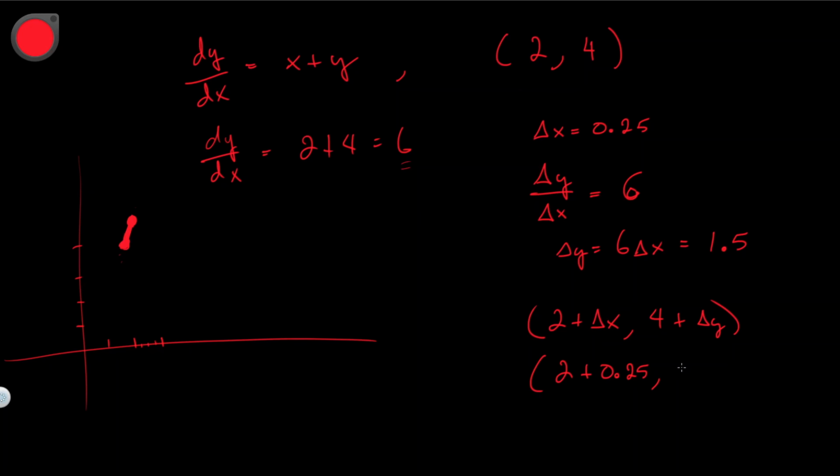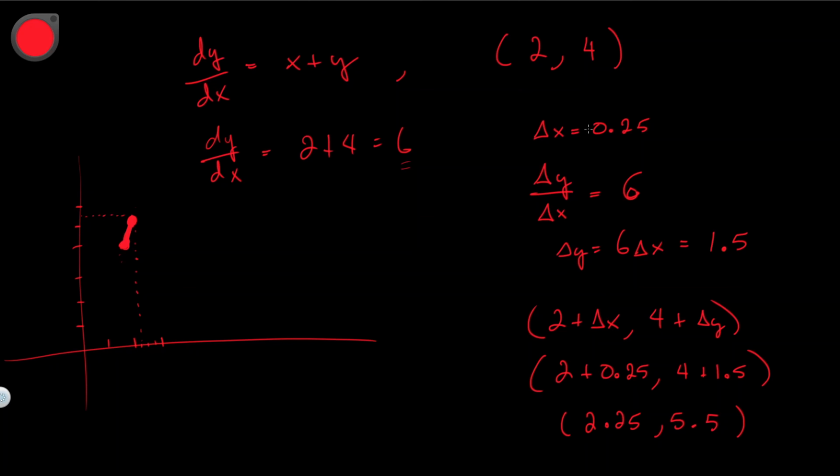So it's 2 plus 0.25, comma, 4 plus 1.5, and the new coordinate ended up being (2.25, 5.5). All right, now we can proceed. We can do this process again. We're going to use this coordinate now, (2.25, 5.5), and proceed.